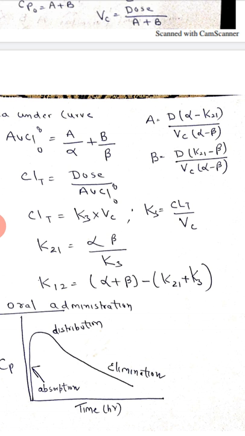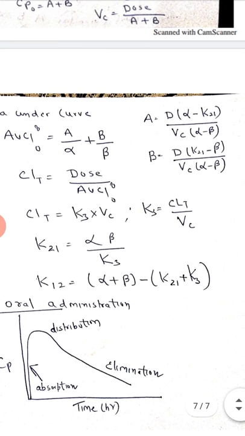From where will you get the value of beta? Directly from the linear portion of the elimination line. Alpha you can get from the method of residuals. A and B, which are the hybrid coefficients with the unit of concentration, you can directly get from the graph or PK profile of the two compartment model IV bolus.